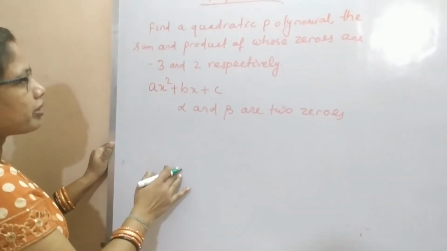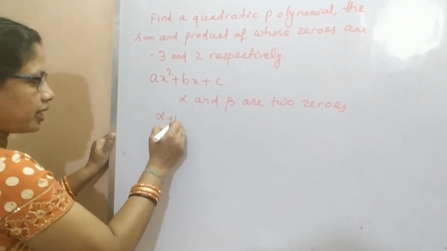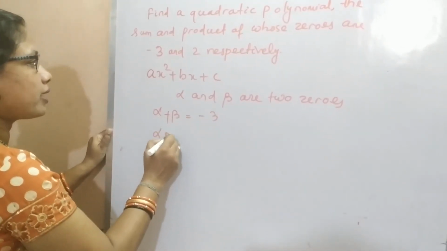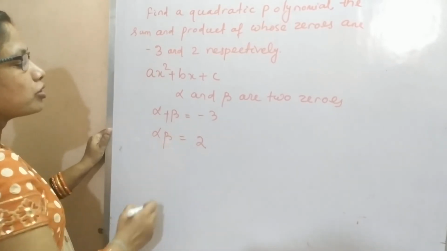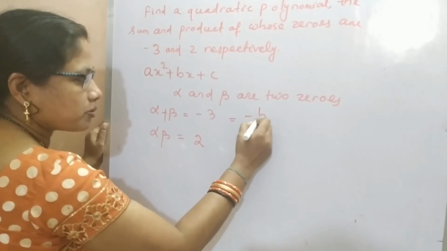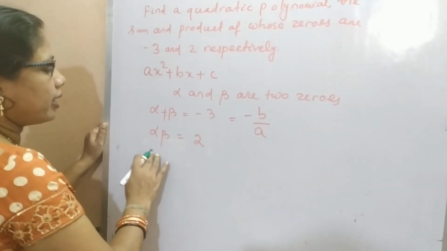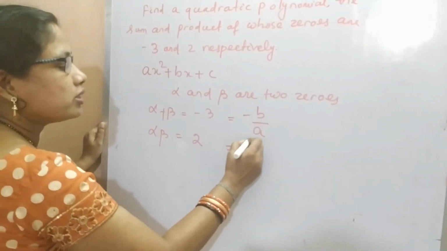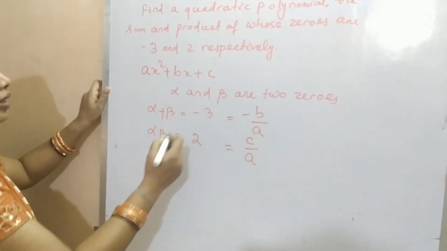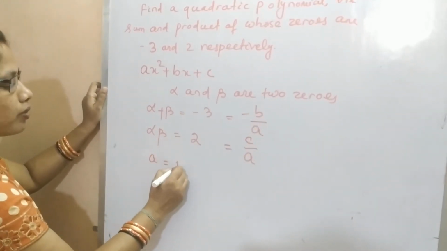So according to our question, alpha plus beta is equal to minus 3 and alpha beta is equal to 2. So what we learned before, alpha plus beta is equal to minus b by a and alpha beta is equal to c by a.